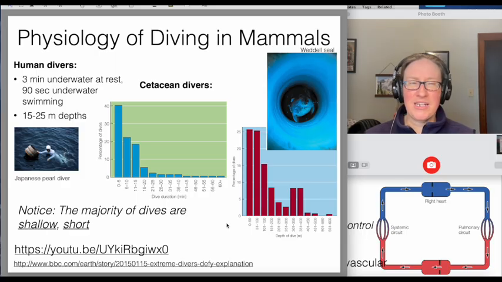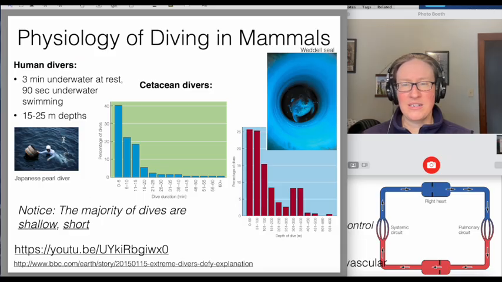To help set the stage for this and give us some perspective, I want to compare and contrast human divers with cetacean divers, right? So some of our diving mammals. So this is a photo of a Japanese pearl diver. This individual is a member of a community that are some of the best human underwater divers globally.